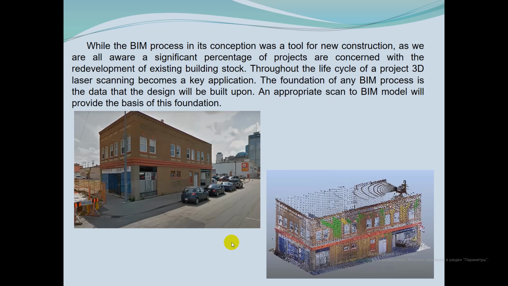At 3D, we are highly experienced in the collection and processing of accurate point cloud data. 3D parametric models can be produced directly from the point cloud, typically in Revit format.